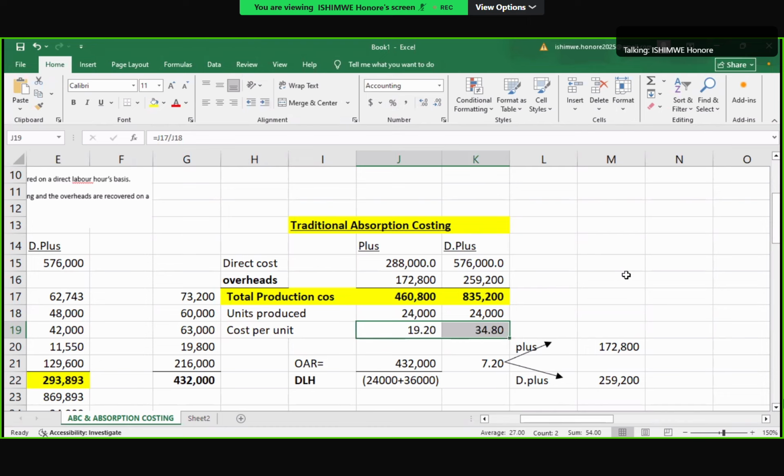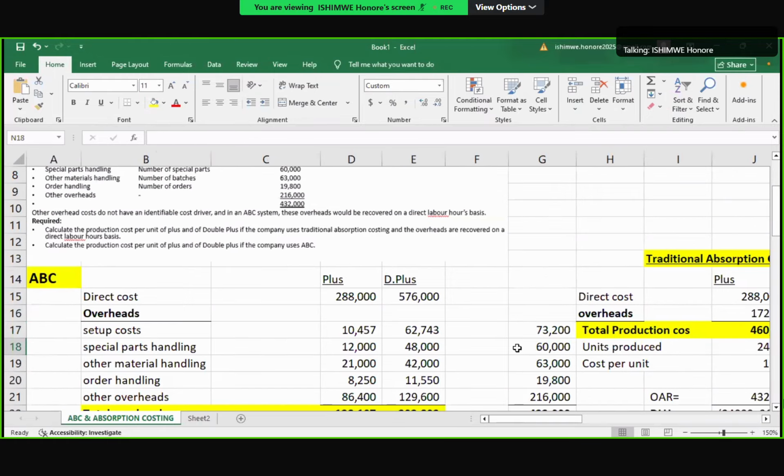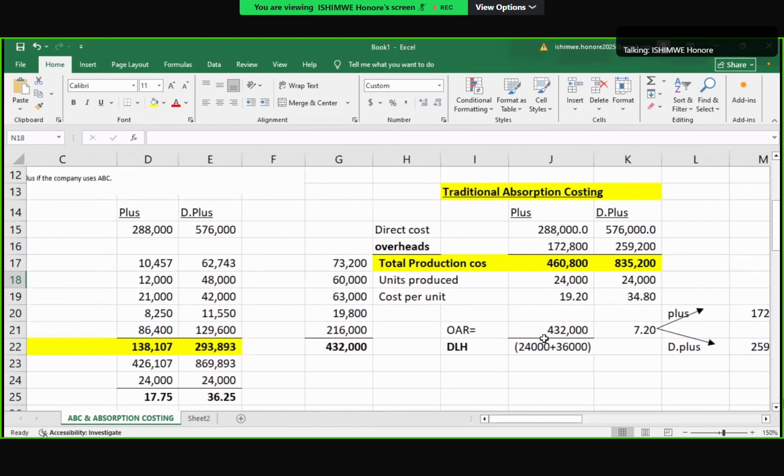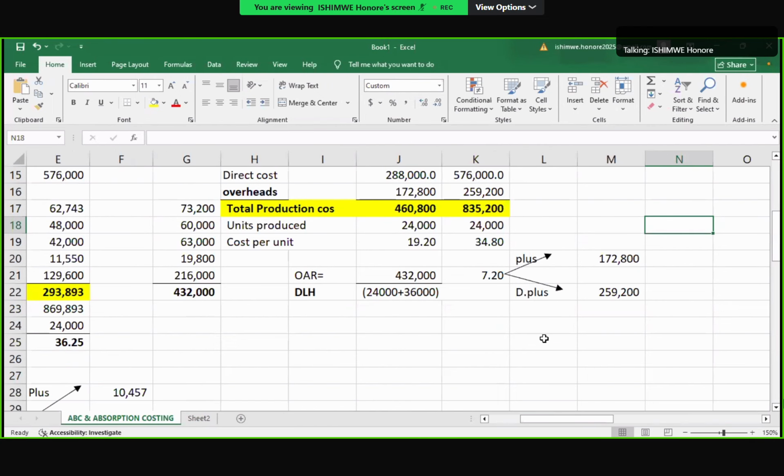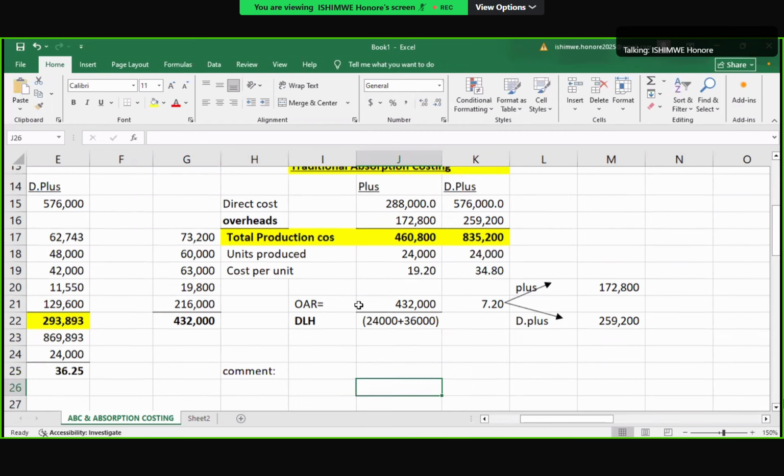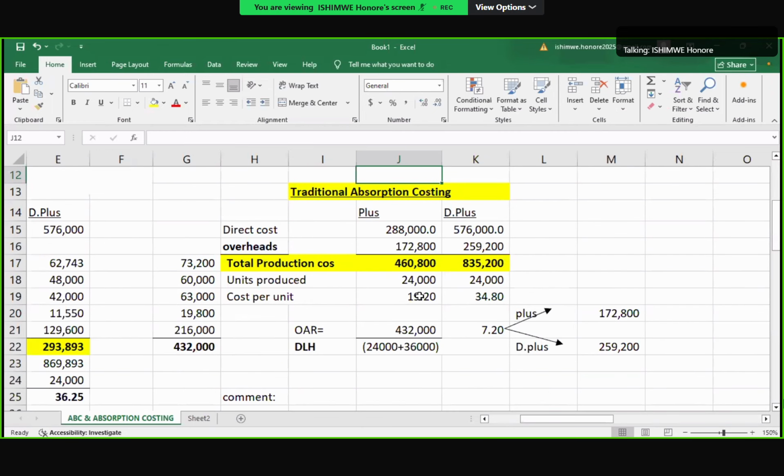So now how can we comment? Remember, after computation we need to comment. It is not required here, but we are learning, so we need to comment. What does this tell us? You see, when you use traditional absorption costing, the cost is 19.2 for plus and 34.8 for double plus.